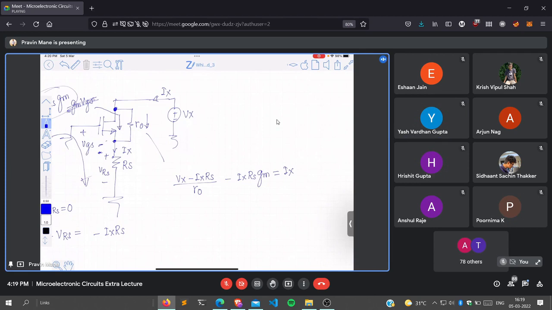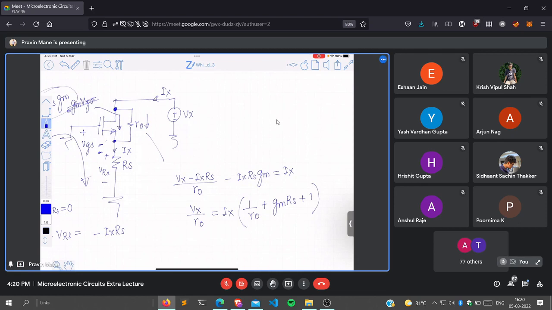Okay, so can I take all Ix related terms on one side? Vx divided by RO is equal to Ix. What is there in the bracket? 1 by RO plus gm RS plus 1.